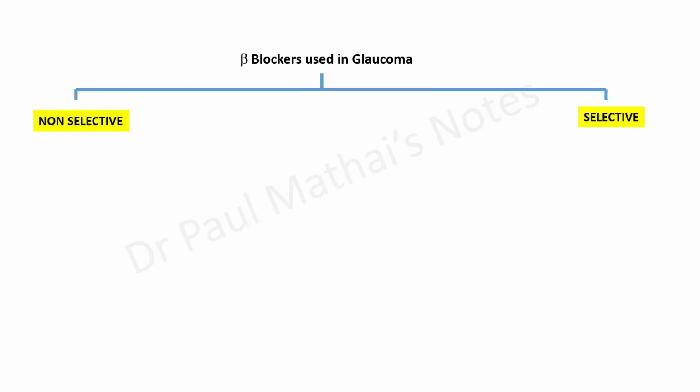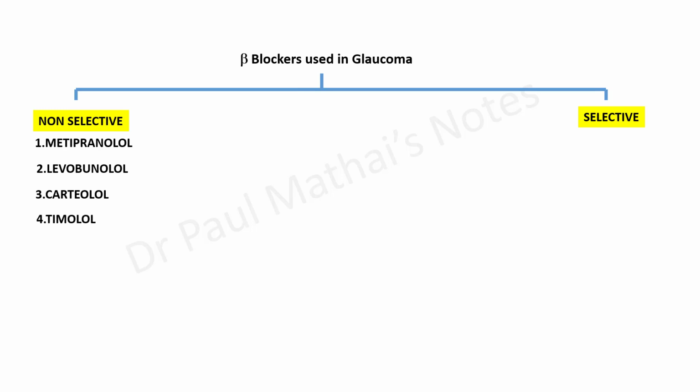Now, regarding the use of beta blockers in glaucoma, they can be classified broadly into two, non-selective and selective beta blockers. The non-selective beta blockers used in glaucoma include metipranolol, not metoprolol, metipranolol, levobunolol, carvedilol, and timolol.